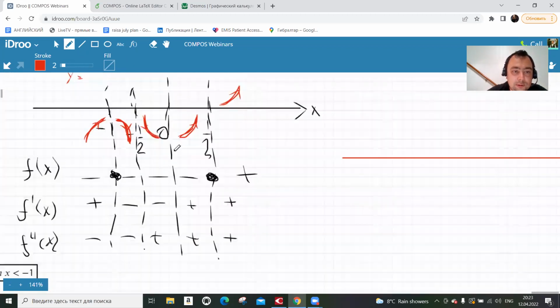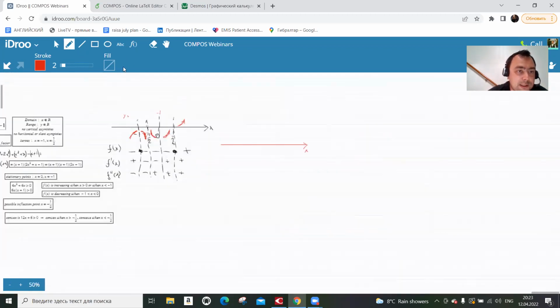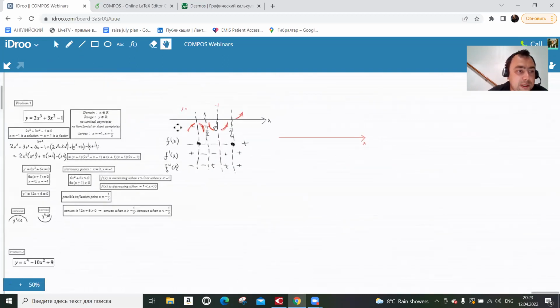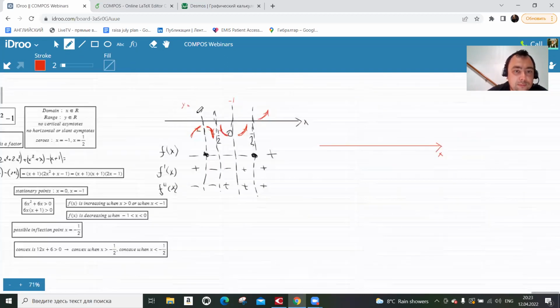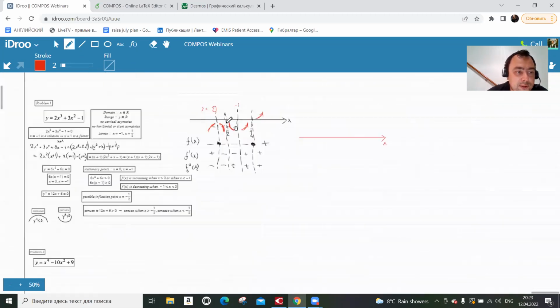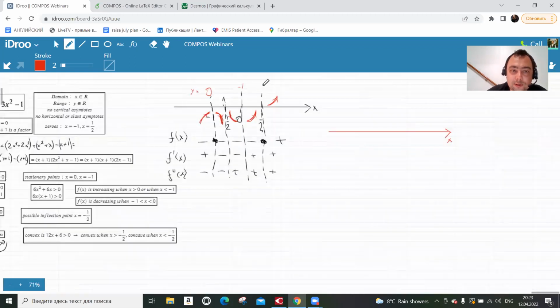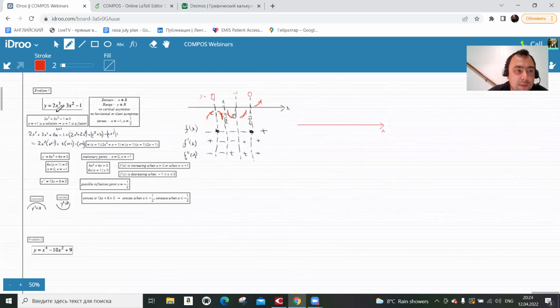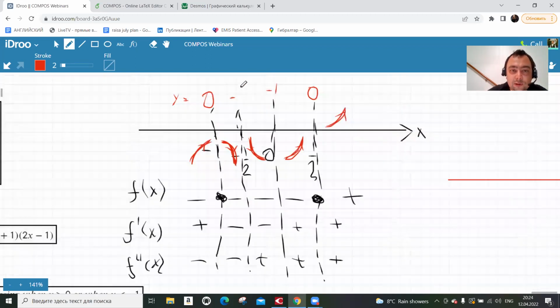When it is -1, it's 0. When it's 1/2, it's 1/4 plus 3/4, which is 0 again. And when it's -1/2, it's -1/4 plus 2/4 plus 3/4, so that's 1/2. 1/2 minus 1 is -1/2.